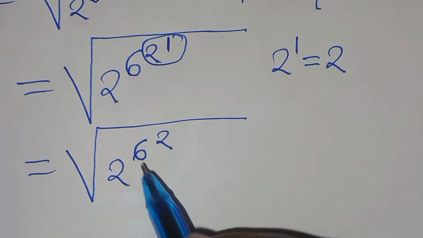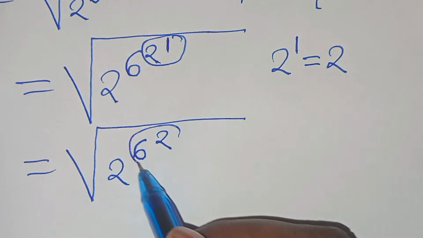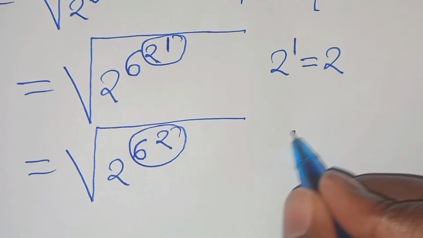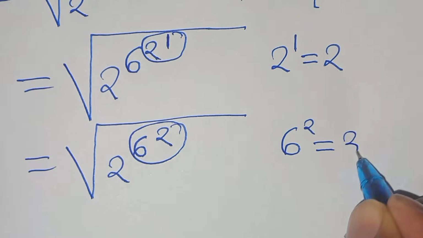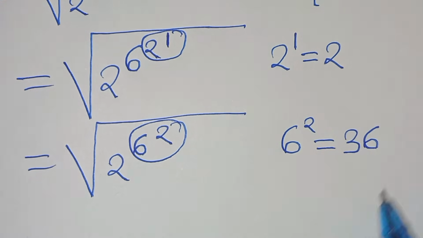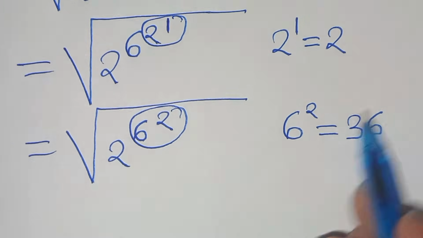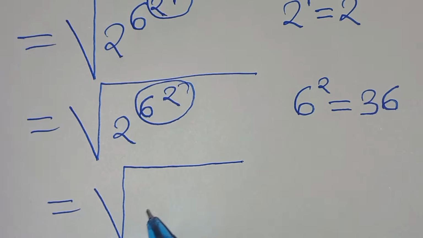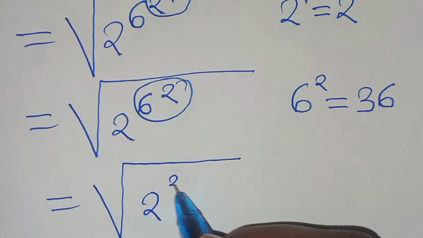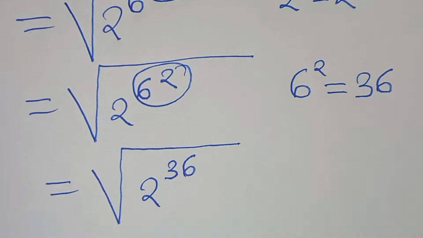The next step is that we have 6 to the power of 2, and this is equal to 36. Now let's substitute 36, so that now we have the square root of 2 to the power of 36.